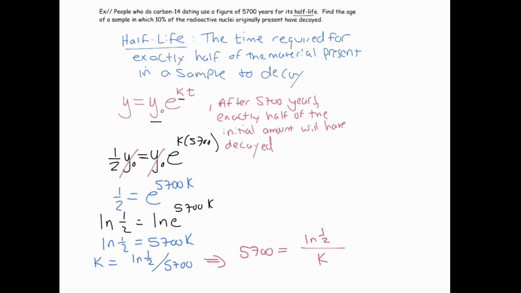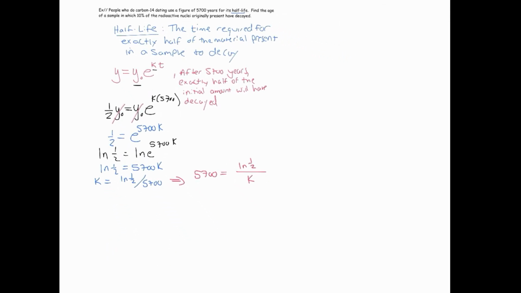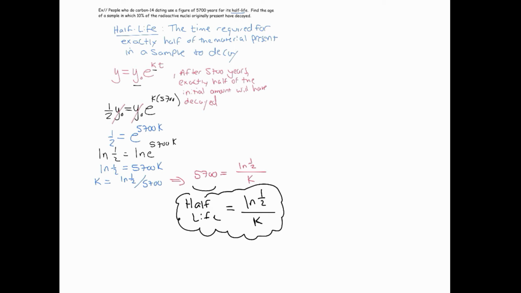And so in general, what this says is that the half-life is always going to be natural log of 1/2 divided by that k value. I don't even know if it's worth remembering, but if you come across half-life problems and you have to do a bunch of them, it might be. But I just point out we just derived it essentially here.